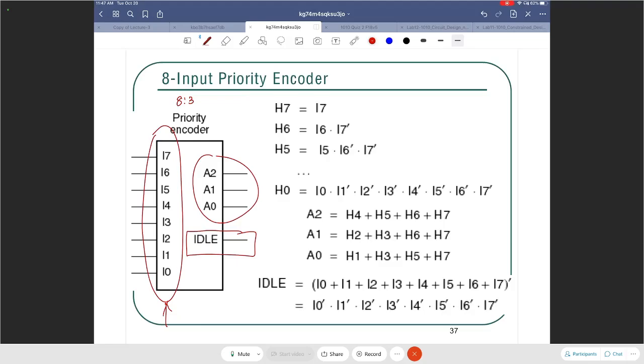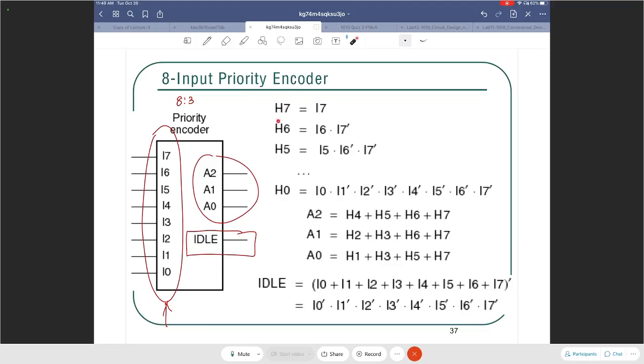So it's saying I don't have any input active at this time, so I'm idle. So idle would literally be the OR operation of all the inputs complemented. So literally a NOR operation, which can be written using De Morgan's law in this way.